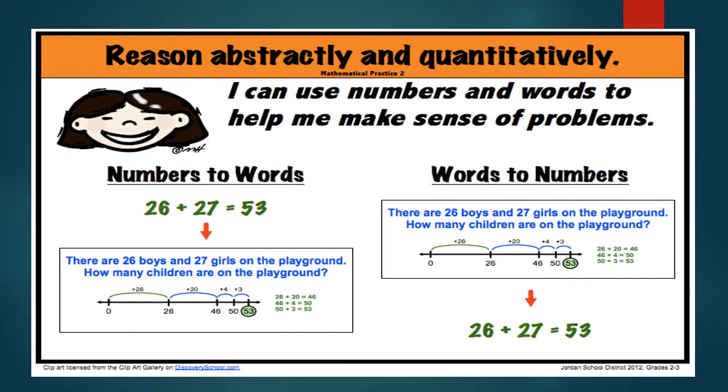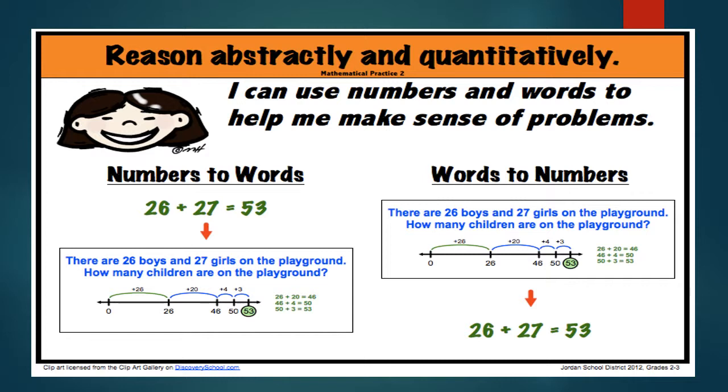And on the right side, we see words to numbers, where we take a word problem and take the numbers of 26 boys and 27 girls and try to figure out how many children are on the playground, coming up with the answer of 53.